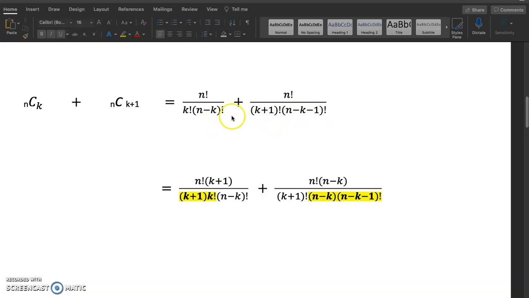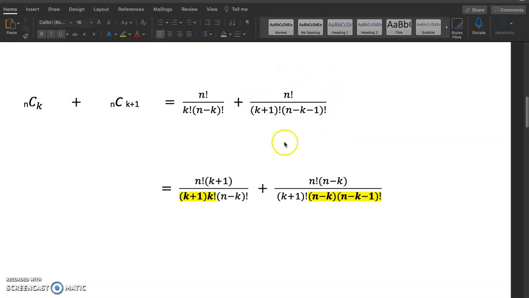In here, we need a k plus 1. We have a k plus 1 here, we need it here. So we're going to multiply times k plus 1 in the numerator and denominator, which we have here, n factorial times k plus 1 over k factorial times n minus k factorial times k plus 1. We already have now the k plus 1 that we needed.